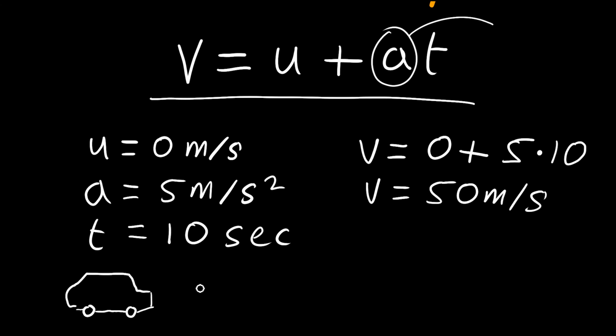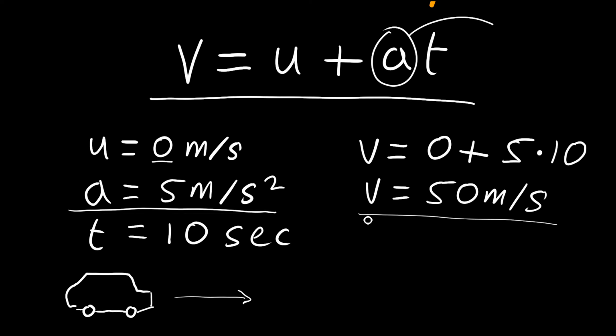So its initial velocity is 0 meters per second, and then when the lights turn green, it accelerates at a constant acceleration of 5 meters per second squared in the forward direction. And after 10 seconds, we find that it's going at 50 meters per second.